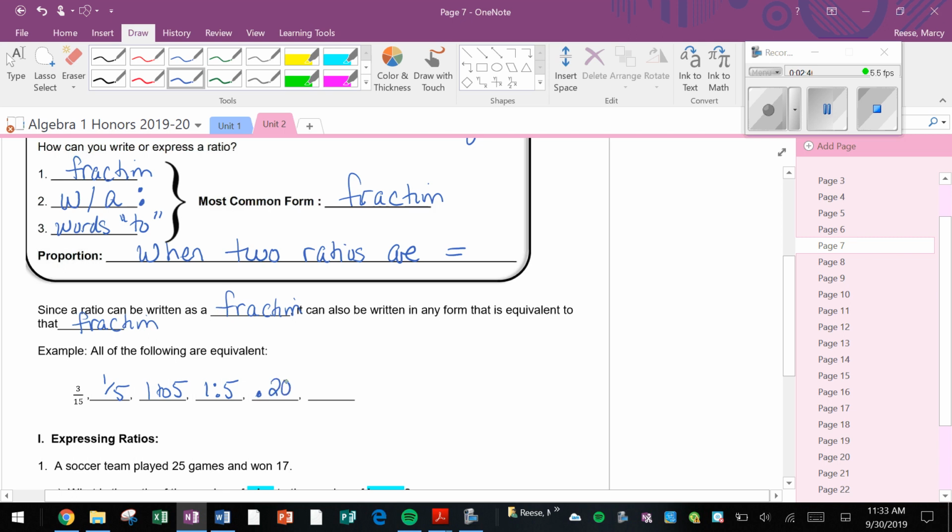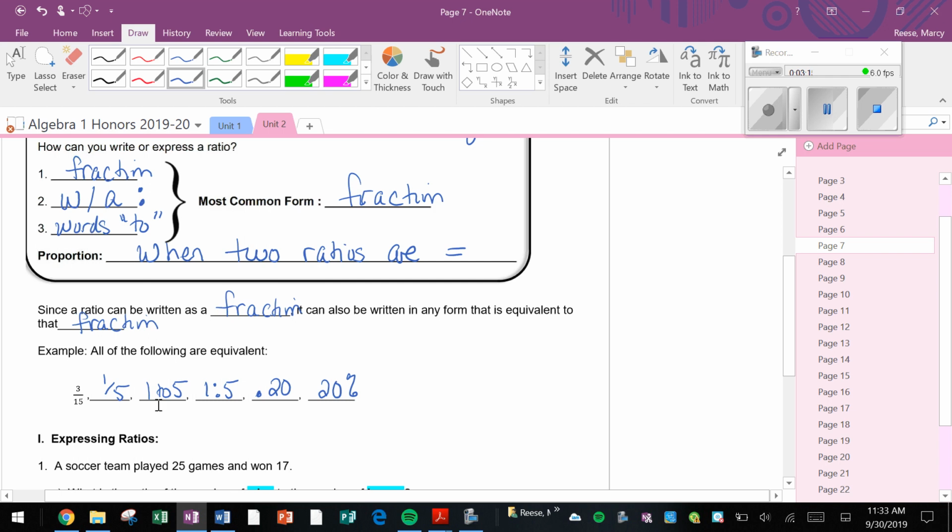If I wanted to write it as a decimal, I could take 1/5 and divide it, 1 divided by 5, and get 0.2, or as a percentage. I could take that decimal and convert it to a percentage. Now, notice, I did this really quick. When you take 3/15, we typically want ratios in the reduced form. So that's how I reduced it to 1/5. And then I wrote all of them in a 1:5 ratio from there.